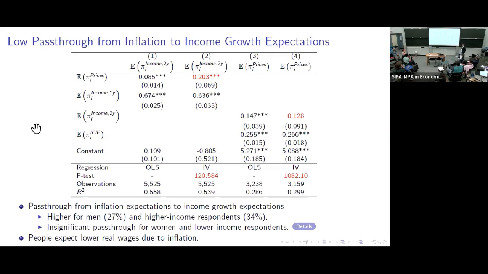Overall, the way that we're going to interpret this is that people are expecting lower real wages because their inflation expectations are being shocked. The idea is that I'm facing current nominal wage rigidity and I'm fixing that nominal wage rigidity into the future. So whenever I expect inflation to go up, I'm expecting my real income growth to get depressed.